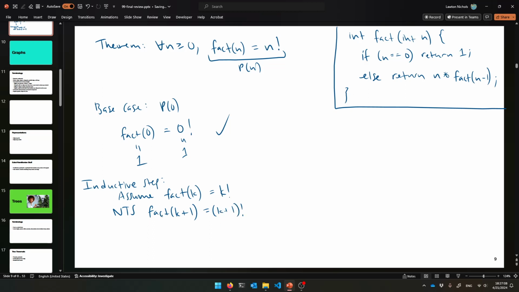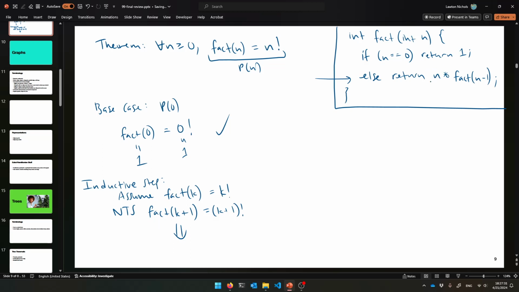And so we've got to show that the code does the right thing as math expects it to do. And so we wrote it with that in mind. Let's make that happen. And we get to assume that the smaller call works. That's what our inductive hypothesis is giving us. So, all right, what happens? What if we start from this side? What does fact of k plus 1 give you back? It's going to hit the recursive case, right?